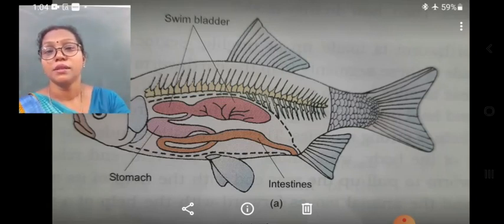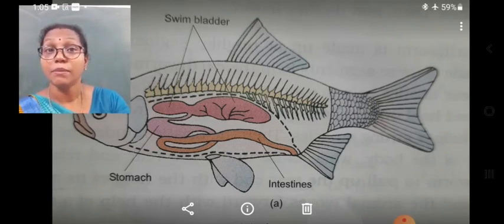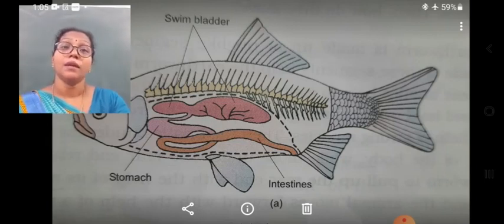Now students, the air sac or swim bladder present inside the body helps the fish to swim properly and also in different directions. Then children, when the fish needs to go down, it releases air from the swim bladder.